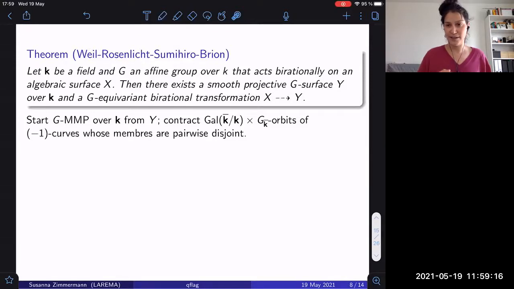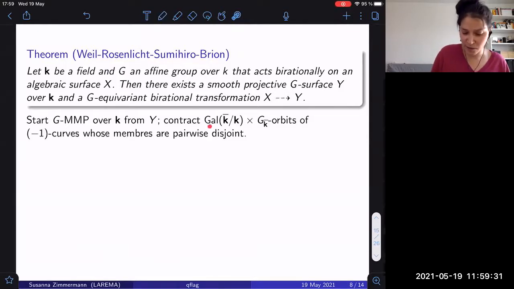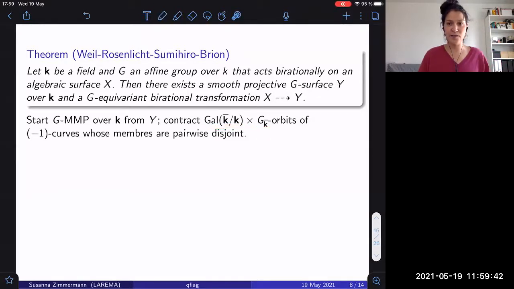I contract the sets of -1 curves that are disjoint, and this set is at once a Galois cross G orbit of curves. So the Galois orbit ensures that I'm doing my minimum model program over K, and this one ensures that I'm doing it G equivariantly, so that if I contract my -1 curves, the G action goes to the next nice model.